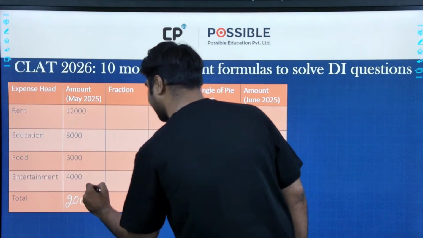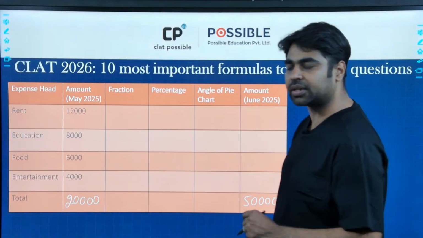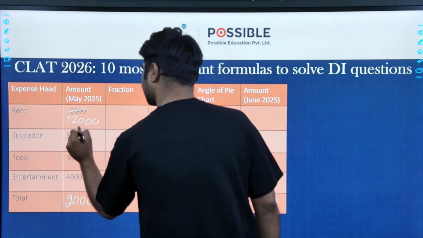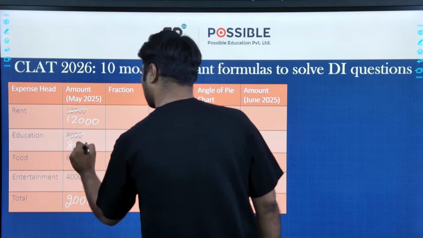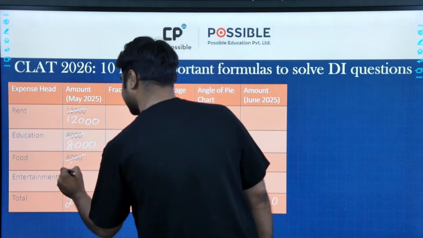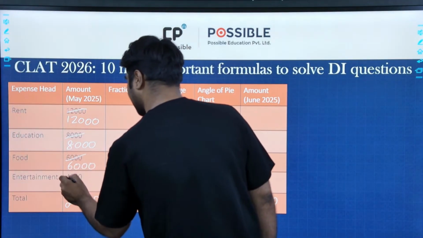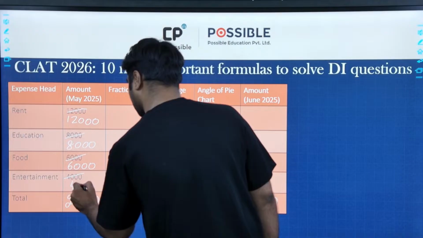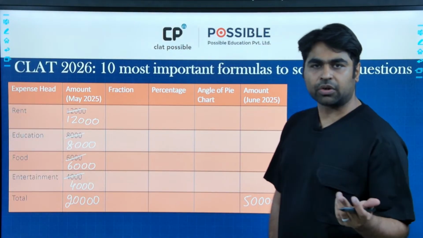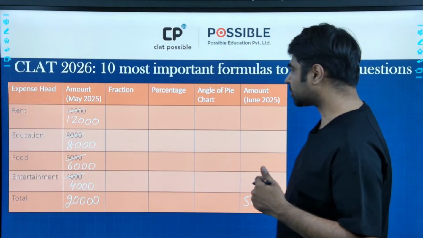And how was he spending his 20,000 salary? He was spending 12,000 rupees on rent, 8,000 rupees on education, 6,000 rupees on food, and 4,000 rupees on entertainment, going for a movie, and so on, right?